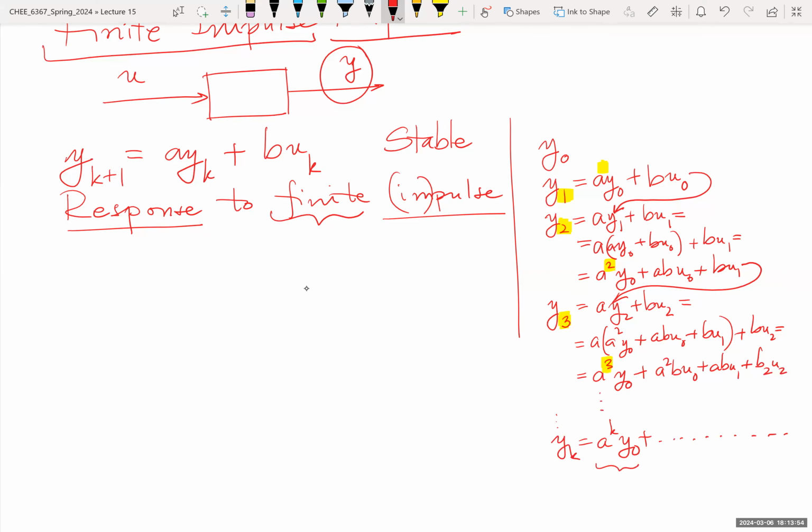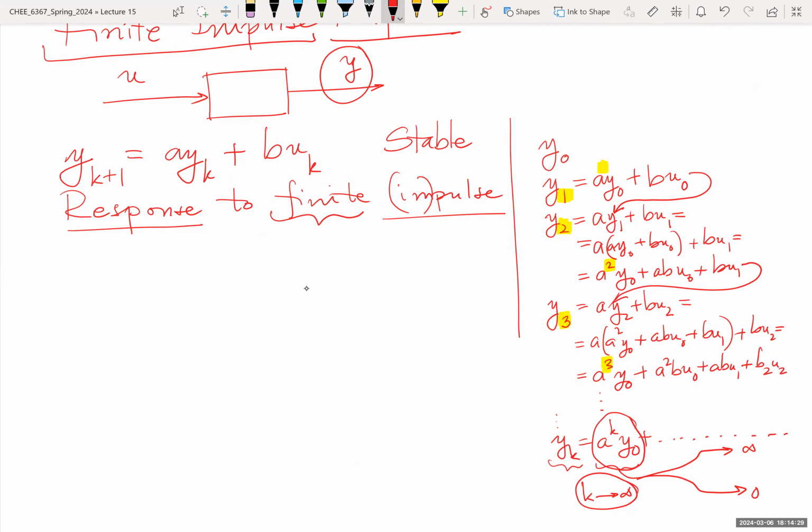This term, as k goes to infinity, will go either to infinity or 0, depending on what? So as k goes to infinity, yk will go to this, which will go to infinity or 0, depending on what?